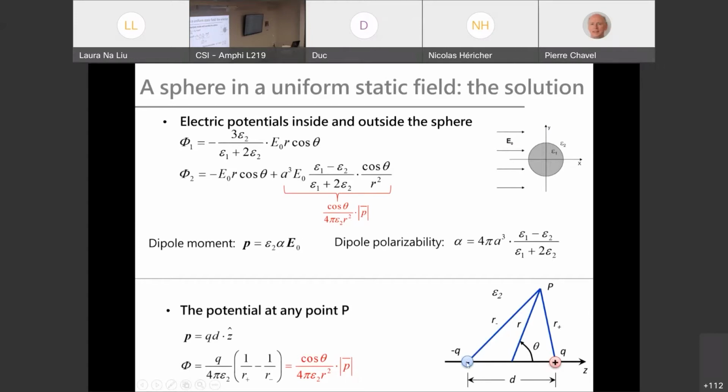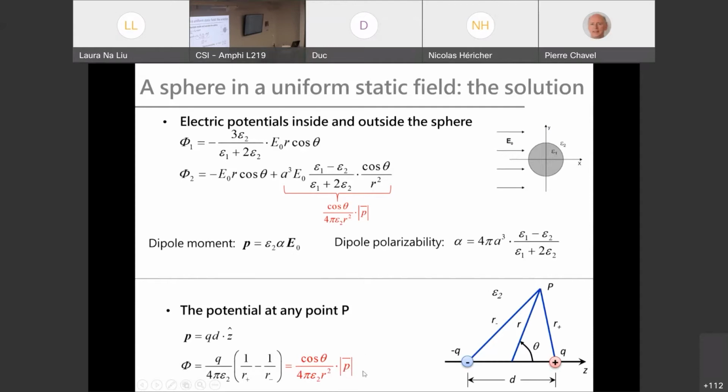The electric dipole consists of two charges, minus q and plus q, displaced by a distance d. If we calculate the potential at this point of interest, where p is the dipole moment equal to q times d, the potential at this position can be written exactly as cosine theta over 4 pi epsilon 2 r squared times p.